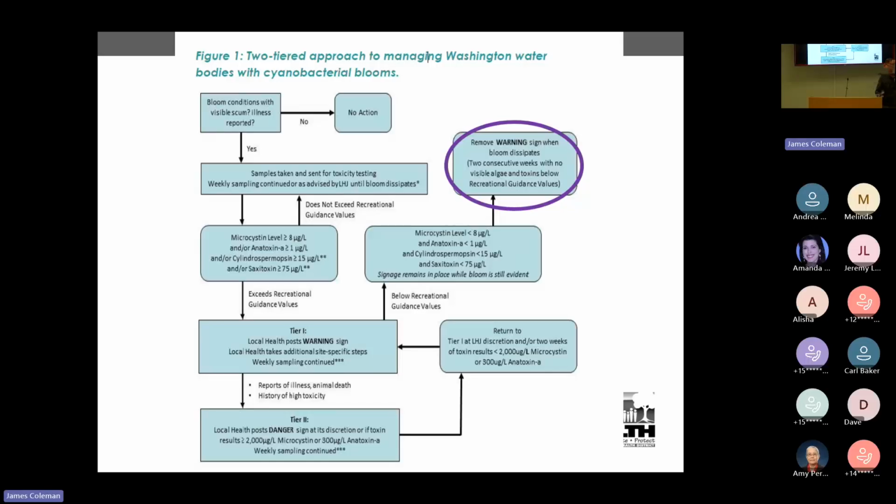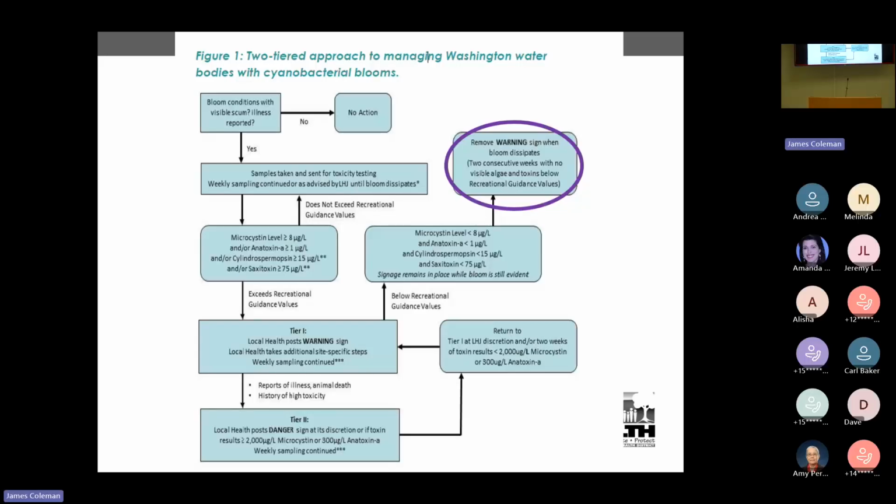If we get the results back and, in the case of anatoxin, it is more than 1 microgram per liter, then we will go out and set up warning signs. Once again, if the toxin level exceeds a certain threshold, we will mark the shoreline where we detected that toxin with a sign that looks like this.